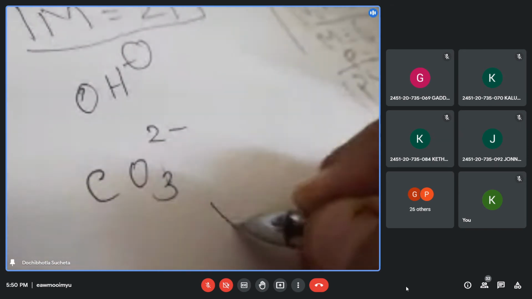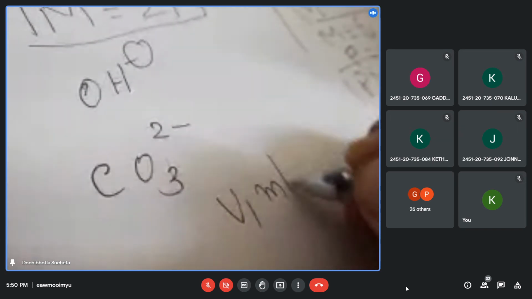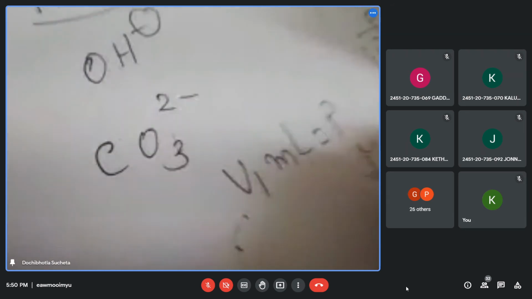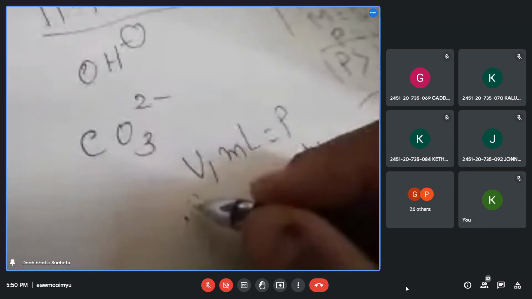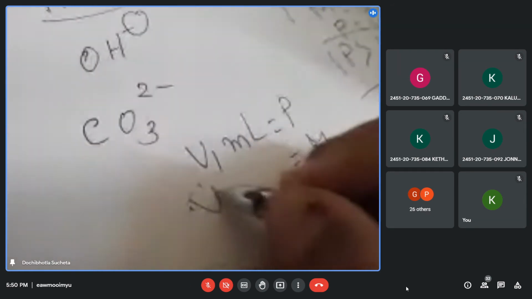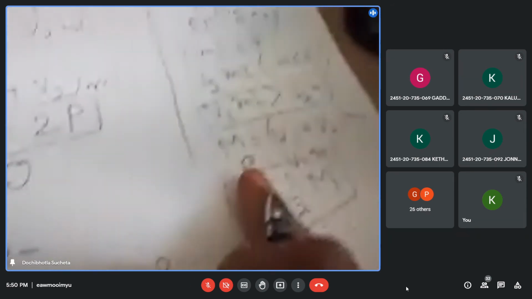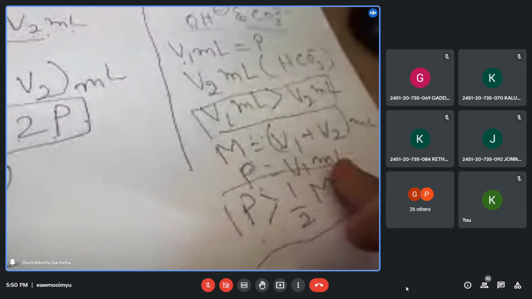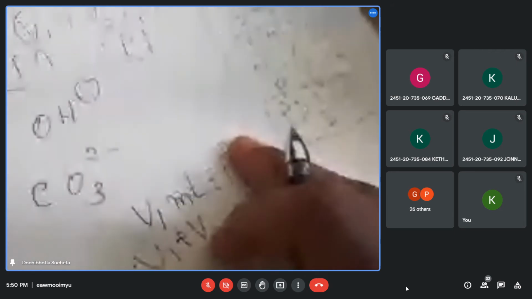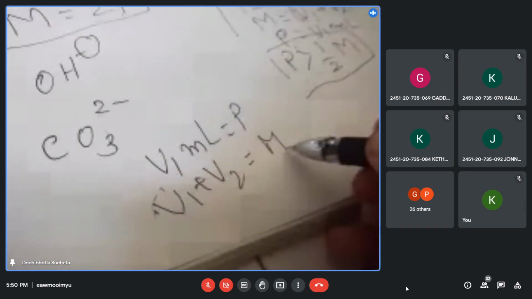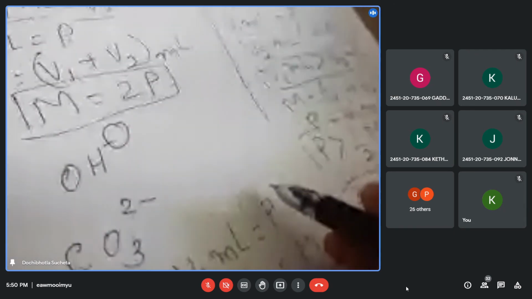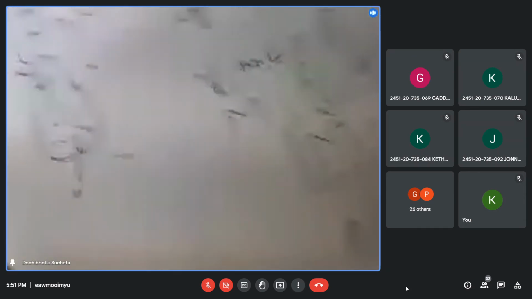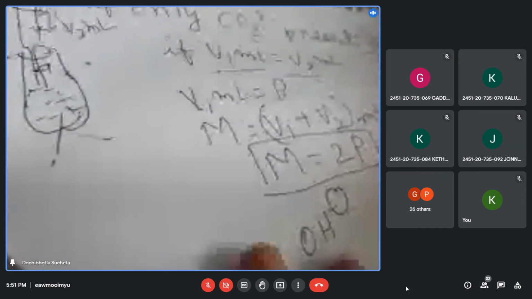Fine. Then carbonate will be, V2 ml will be what? I know that V1 ml is nothing but P. M is nothing but V1 plus V2. This is what I wrote here. V1 plus V2 will be M and P is equal to V1 ml. Then if I know that the total volume is M, hope you're able to understand.